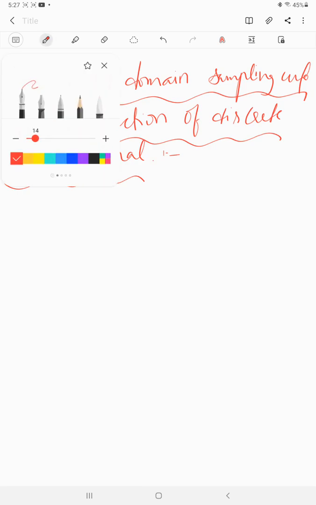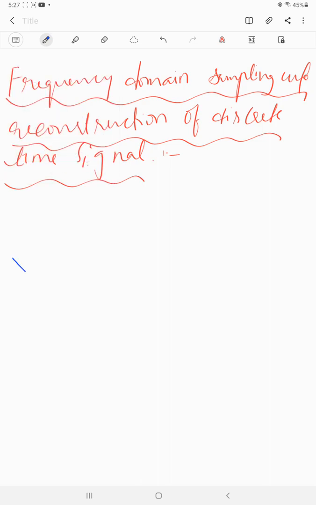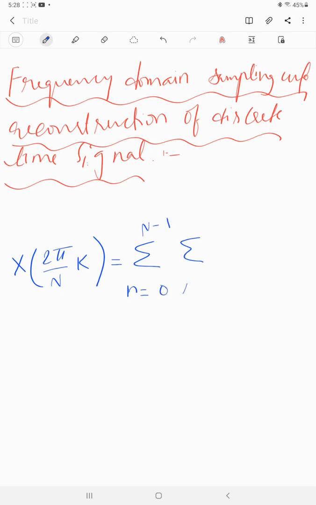Here, X of 2 pi by N into k is equal to summation of n equals 0 to N minus 1, summation of l equals minus infinity to infinity x of n minus lN, into e to the power of minus j 2 pi by N into kn.